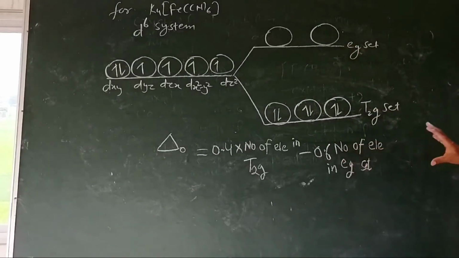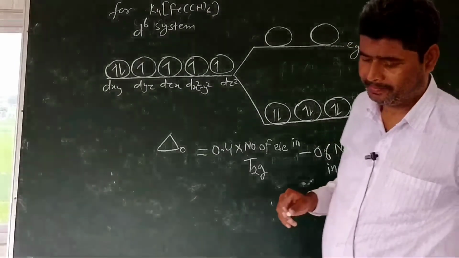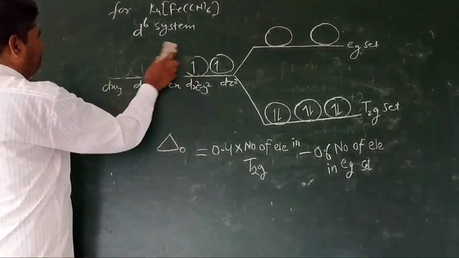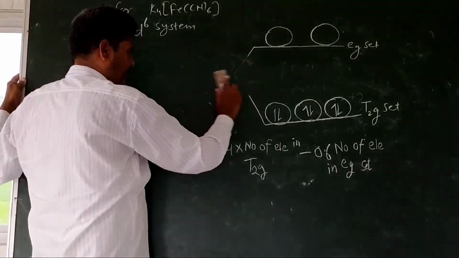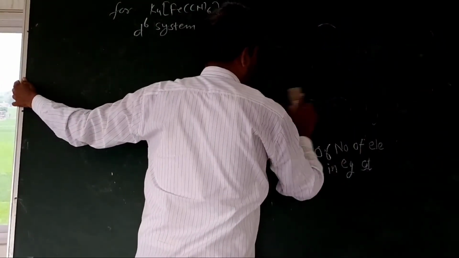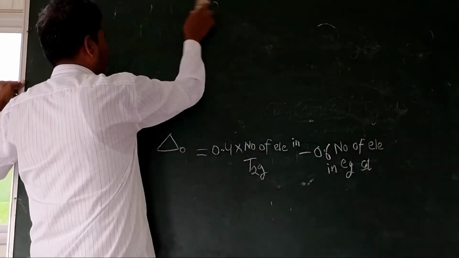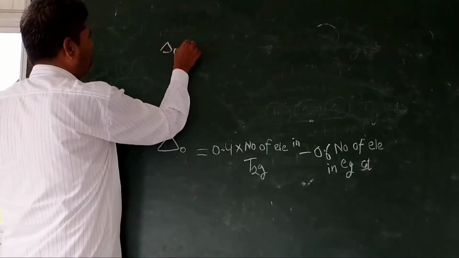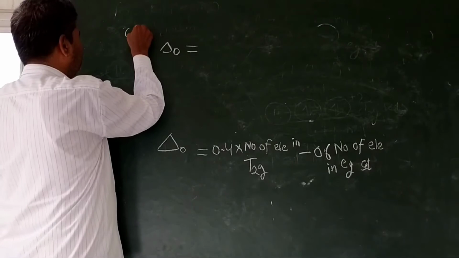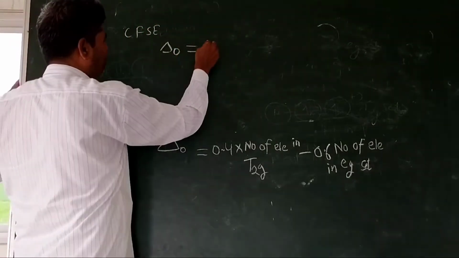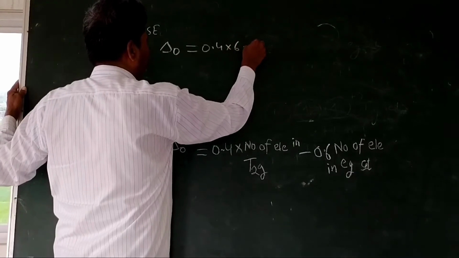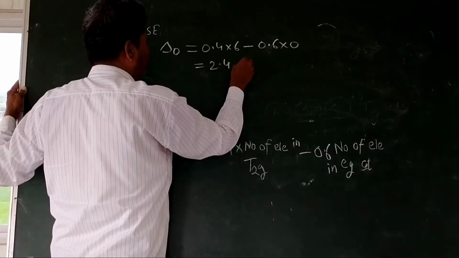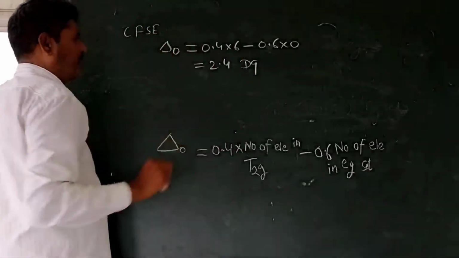CFSE equals 0.4 into 6 minus 0.6 into 0, equal to 2.4 Δo. This is the unit.